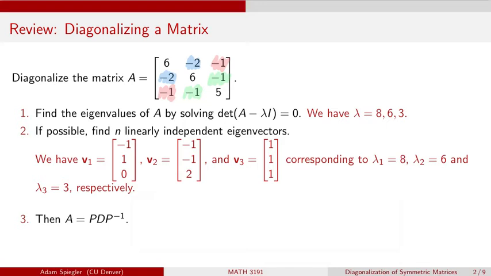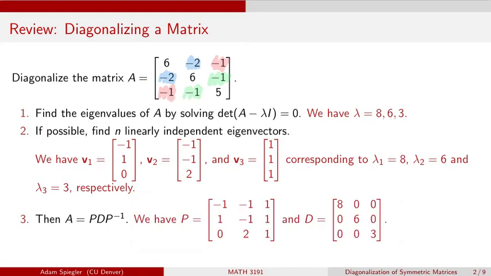Once we find 3 linearly independent eigenvectors, they tell us how we can construct a matrix P so that, with a diagonal matrix of eigenvalues that we call matrix D, P times D times the inverse of P gives us back matrix A. The matrix P that we choose has first column equal to an eigenvector for the first eigenvalue of 8.